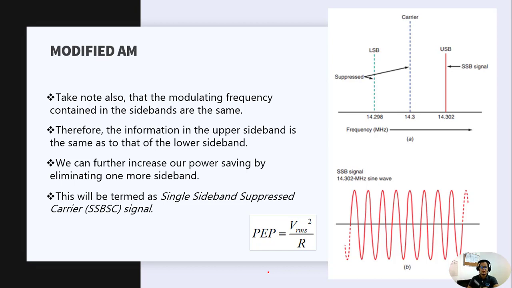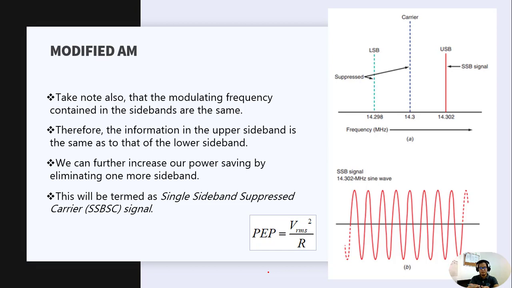Tama? Now we can suppress again another carrier. It doesn't matter which one. You can suppress the lower sideband, you can suppress the upper sideband. It's okay. Kasi pareho lang naman yung information na laman yan. Now we're going to term this as single sideband suppressed carrier, AM signal. This is an SSB-SC.